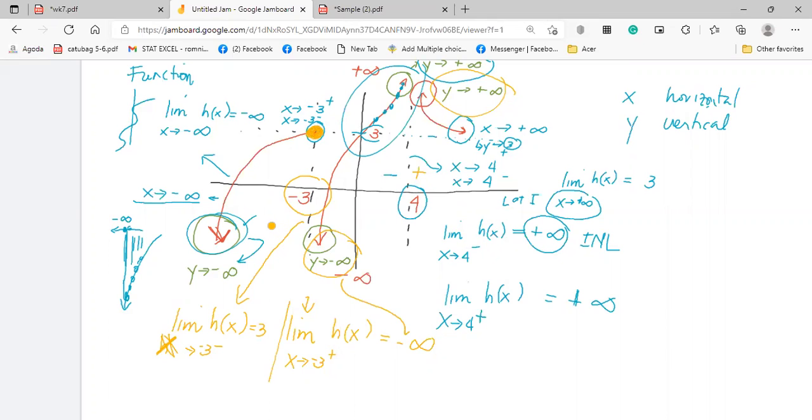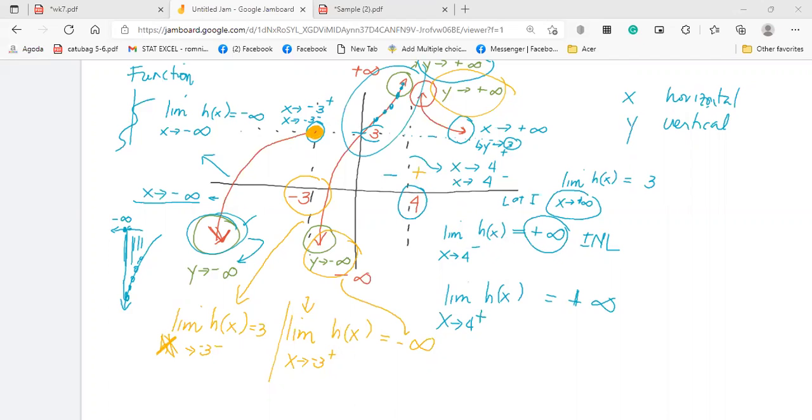Okay. I hope that this kind of example can now support your learning on your performance task. Kasi all other examples anyway. My advice to you is just to observe the graph meantime. At pag sinabi nating left, right, tignan nyo yung graph na nasa left at right niya.